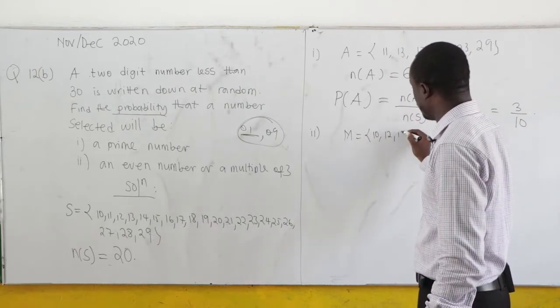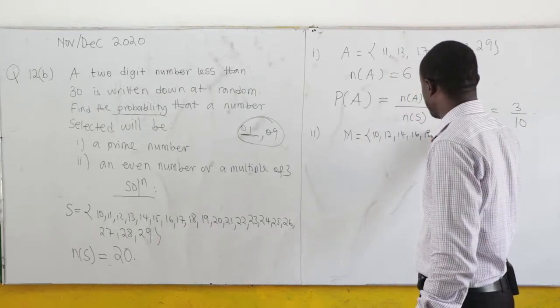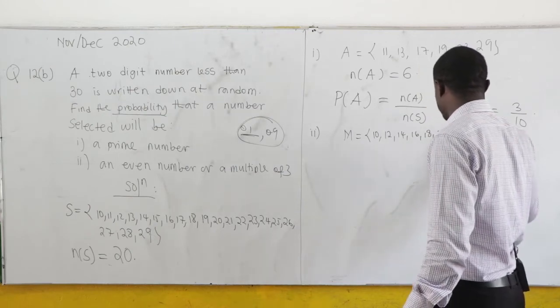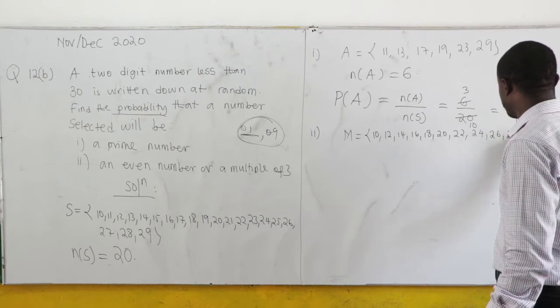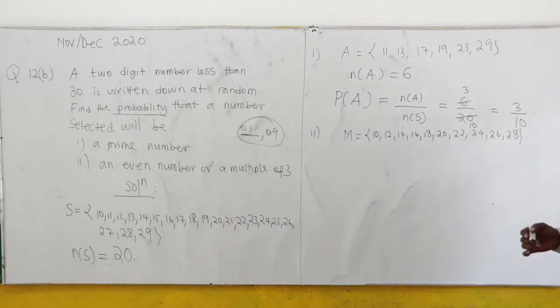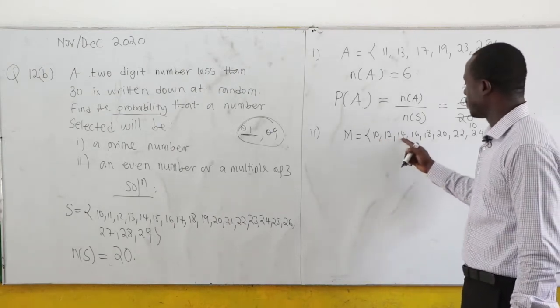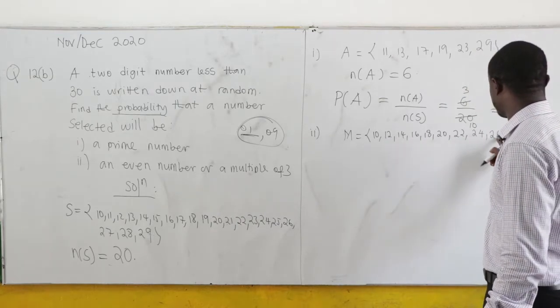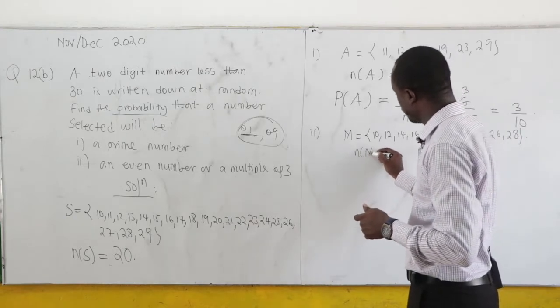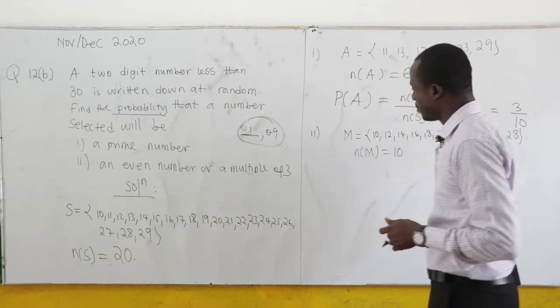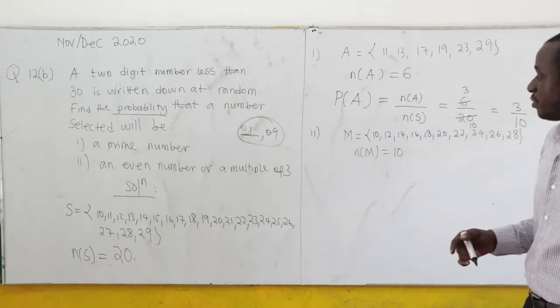We have 12, 14, 16, 18, 20, 22, 24, 26, and then 28. These are the even numbers. How many do you have? 1, 2, 3, 4, 5, 6, 7, 8, 9, 10. So the number of M is equal to 10.